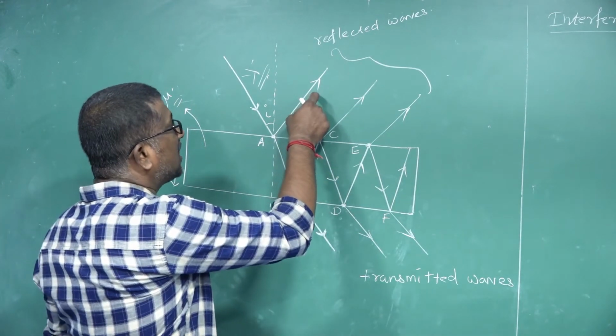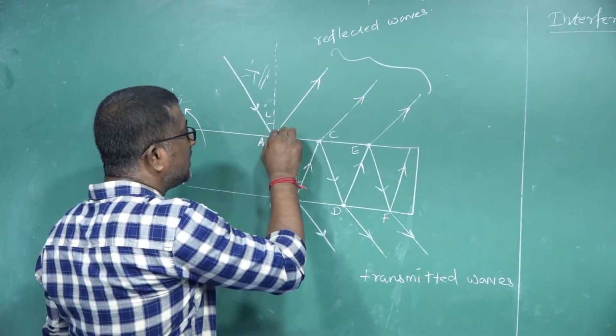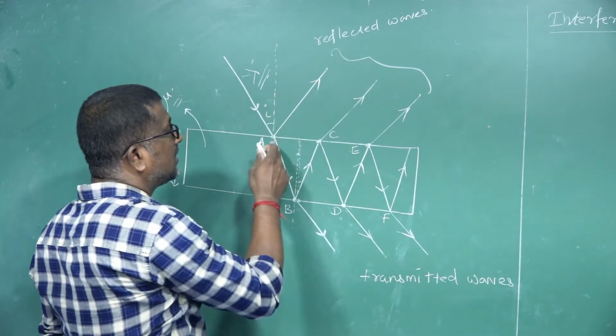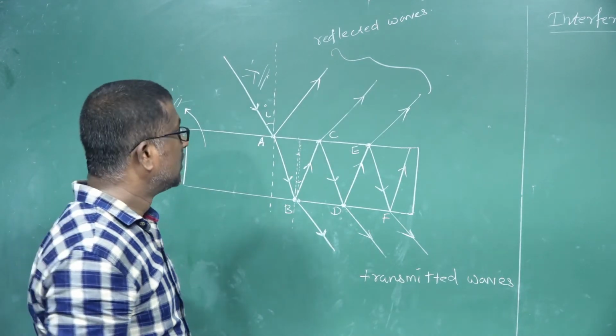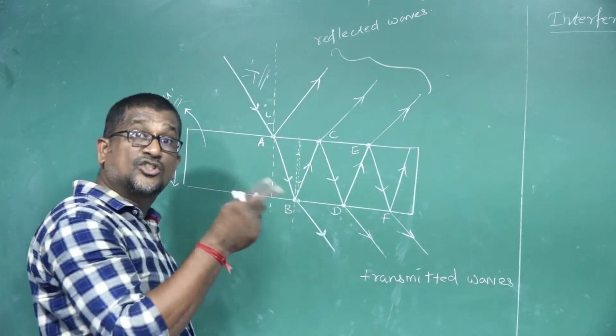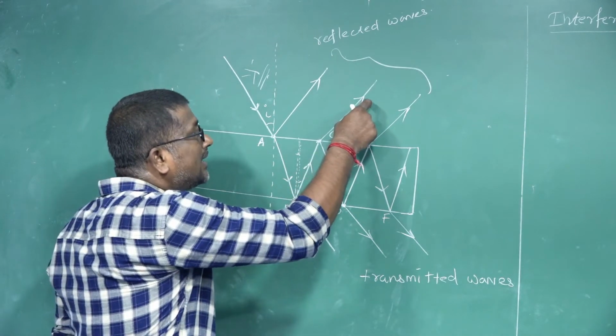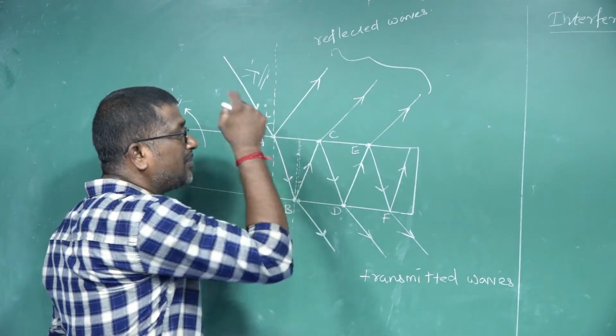But the other reflected ray is directly reflected from the point A on the top surface of the thin film.